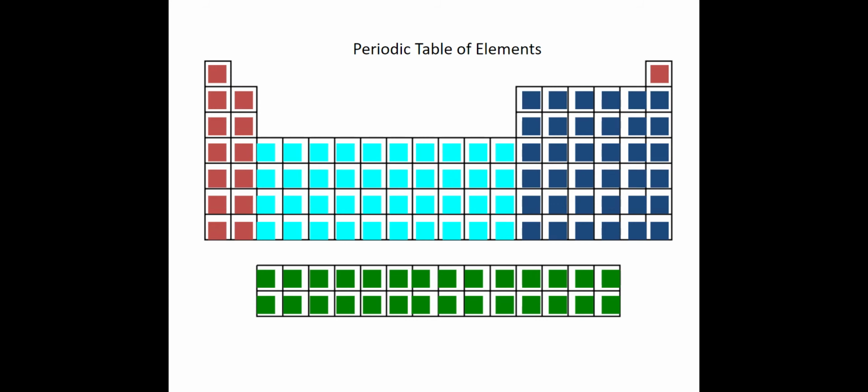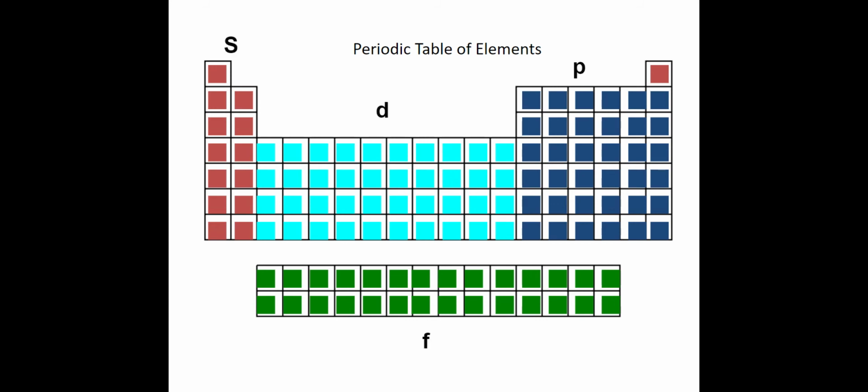That means they have no interest in giving up electrons or receiving electrons or interacting with any of the other elements, or with each other for that matter. Helium has a completely filled subshell. That's why it's labeled and displayed along with the entire column of noble gases. Okay, so that's that first color.